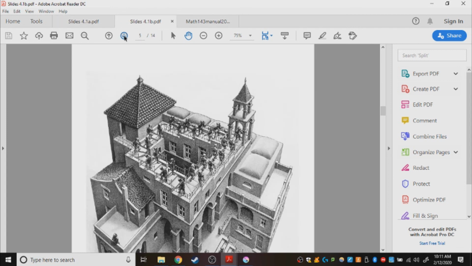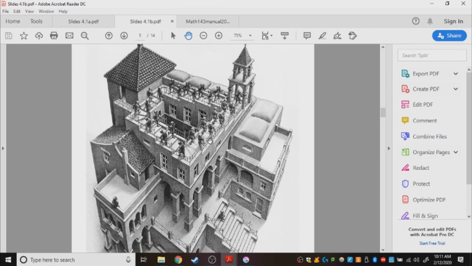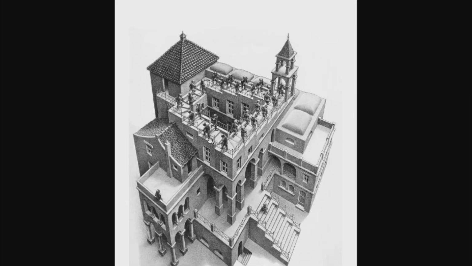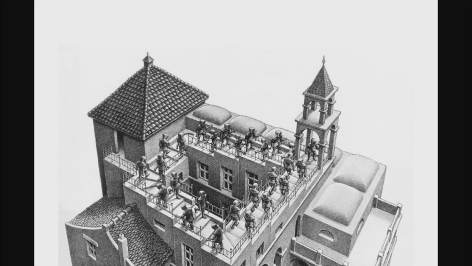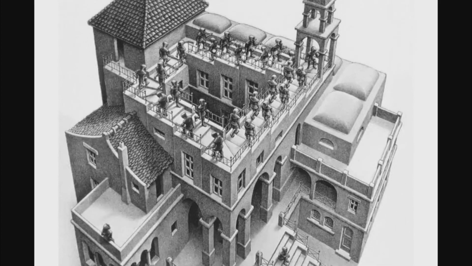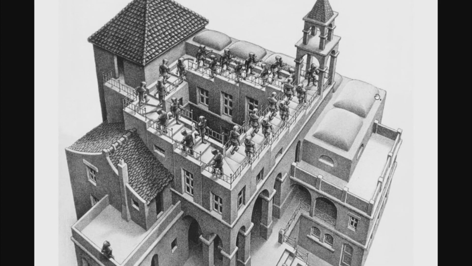Which is something that MC Escher exploited a lot. Let me just go full screen here, perhaps. Making something a little more interesting with the impossible staircase. They're just going to keep climbing forever. Up or down? Hopefully down.